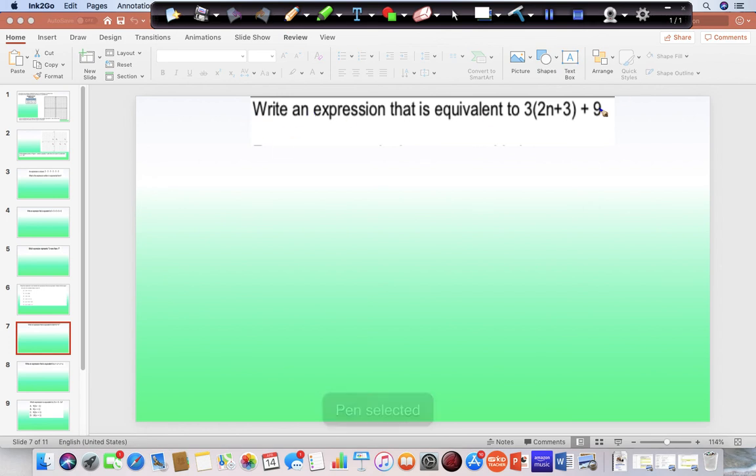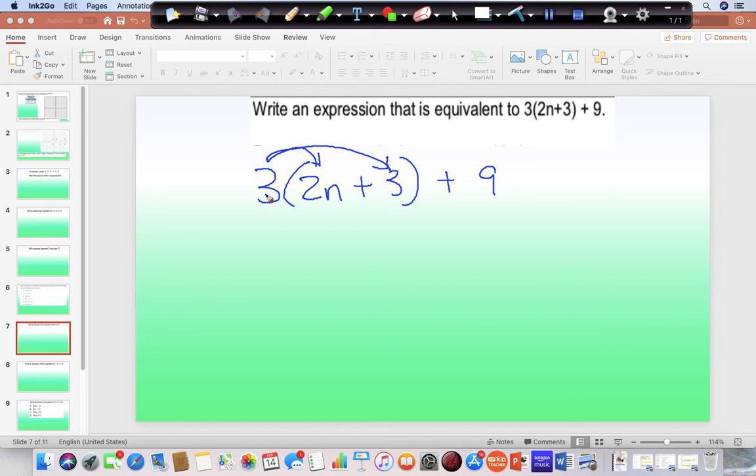All right, it says write an expression that is equivalent to 3 times (2n plus 3) plus 9. I'm going to use the distributive property to distribute the 3 to everything inside the parentheses. 3 times 2n is 6n. 3 times 3 is positive 9. And then we have a plus 9. Remember, we can combine like terms. So our two 9s can be added together to give us 18.